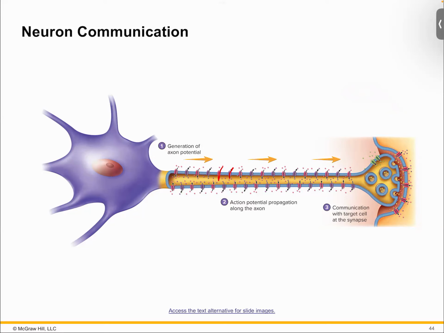You'll also have your voltage-gated channels in here as well, right? So you have a combination of both of these things. First of all, you generate your action potential up here in what's called the axon hillock. Then it propagates that message all the way down the axon until it gets to your terminus, which then releases calcium ions, which trigger the release of those synaptic vesicles. All right, and that's where last chapter picks up, essentially.